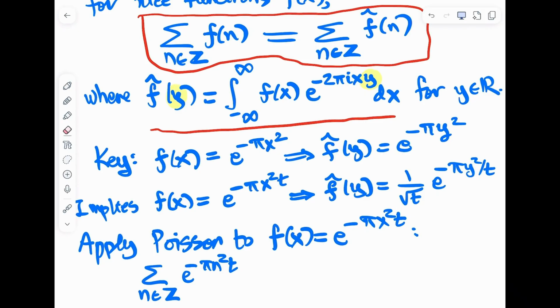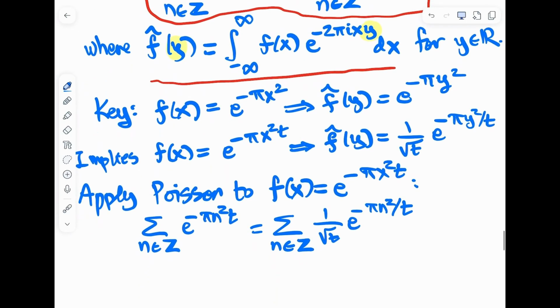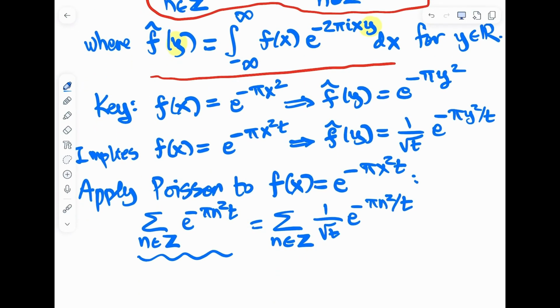And on the right side, you're summing the Fourier transform, which I gave you there, 1 over root t times e to the minus pi y squared over t, evaluated at y equals n on the integers again. And so the thing on the left is a theta function.